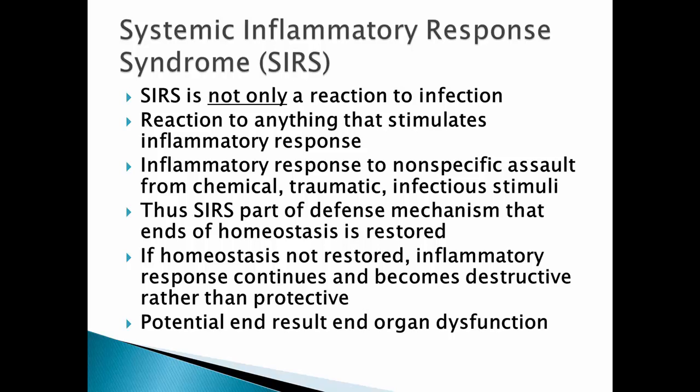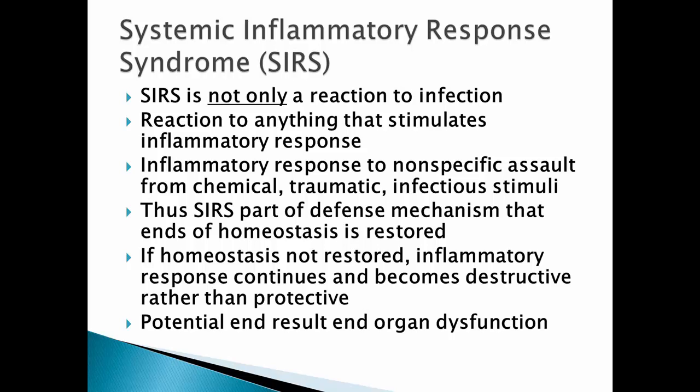So if we think about SIRS then, and that it's a response to a nonspecific assault, we know it's going to start with local cytokines. And the idea of those local cytokines is to promote local repair and to activate that reticuloendothelial system for repair. The chemokines that are released are supposed to attract the leukocytes that may then cause local destruction or can cause cellular injury if it's not controlled.